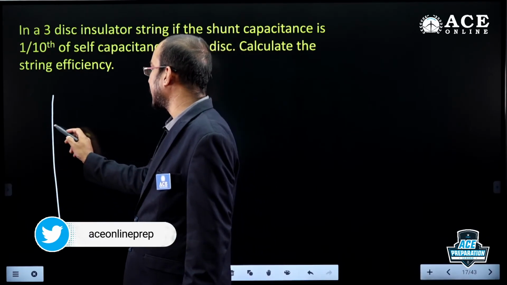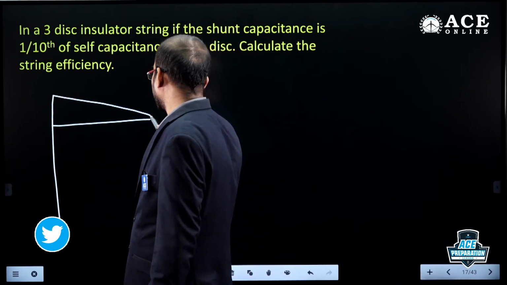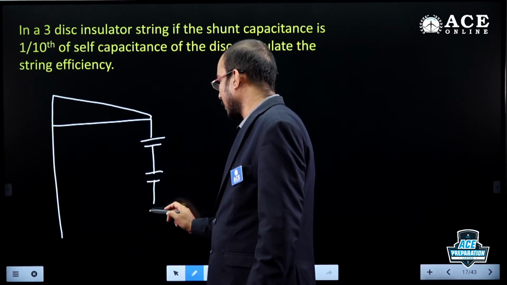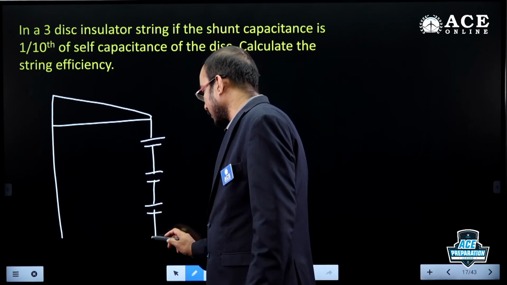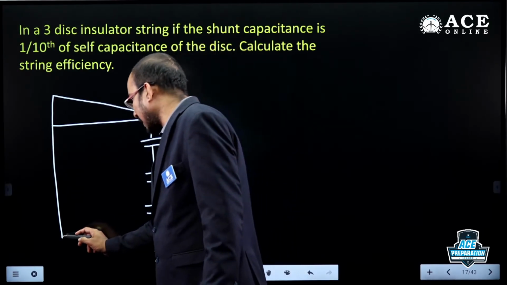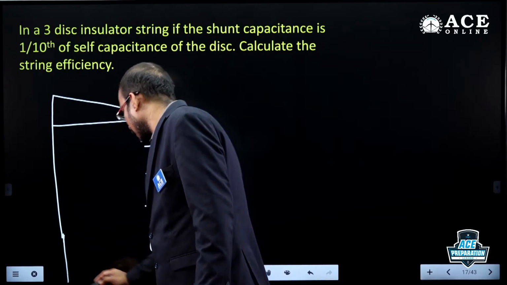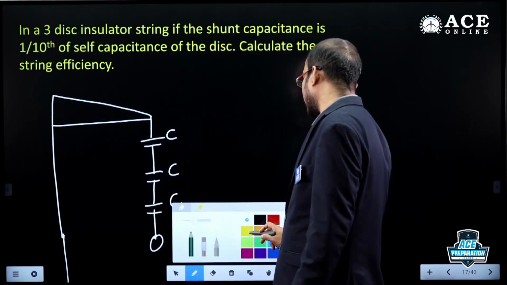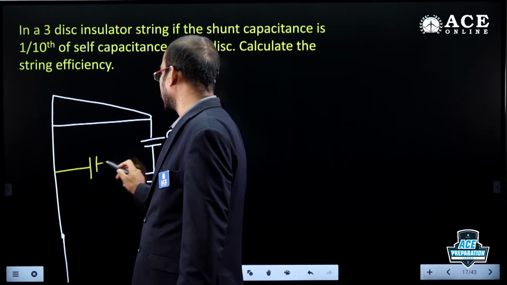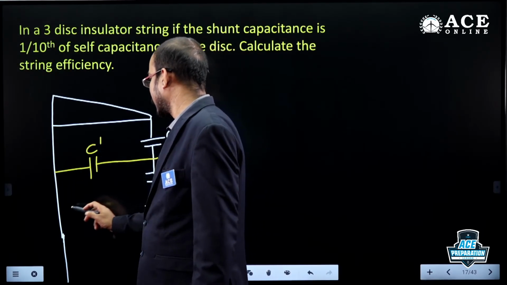So here a 3-disc insulator string is given. Let C be the self capacitance of the disc. Apart from this self capacitance, there will be shunt capacitance formation, that is C dash.